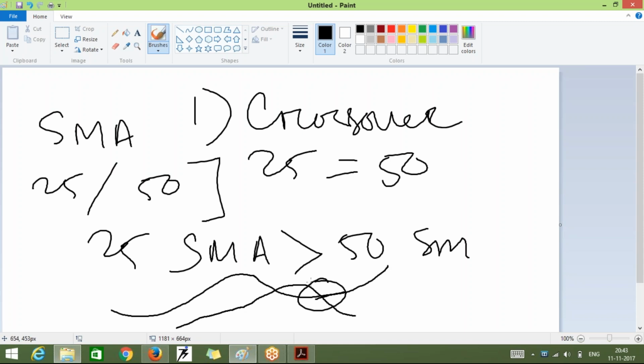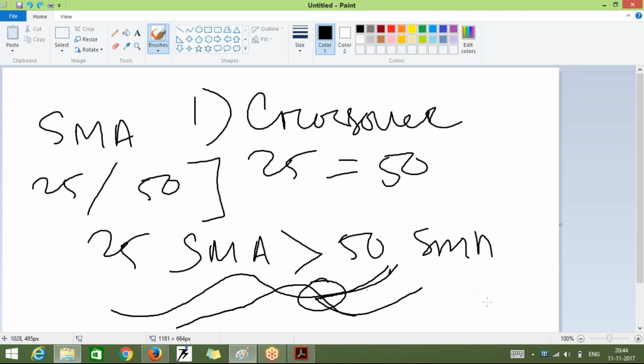This is where the 25 period SMA coincides and goes up above the 50 period. Here comes the buy signal. Here we can see when the 25 period SMA is greater than the 50 SMA, it's a buy.